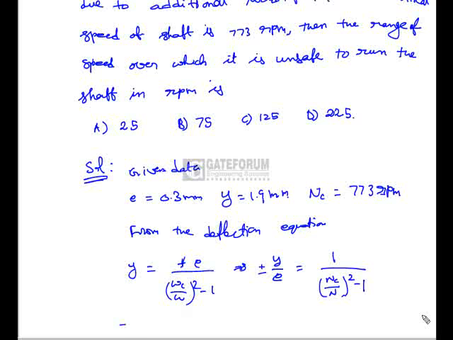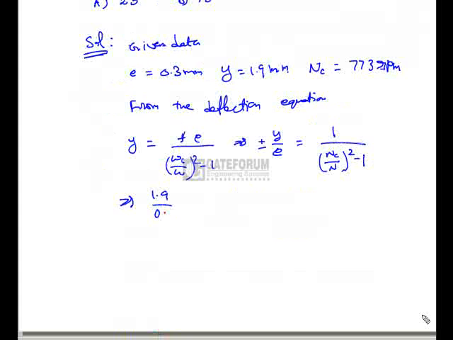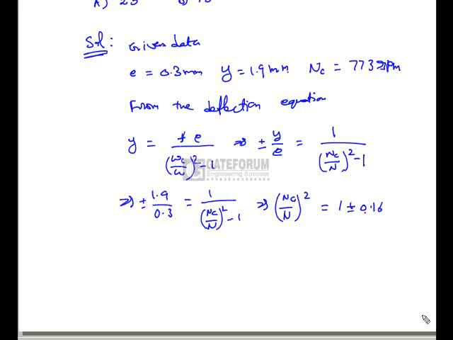So by substituting the values y and e, it is plus or minus 1.9 by 0.3 is equal to 1 by (nc by n) whole square minus 1, and which is equal to (nc by n) whole square is equal to 1 plus or minus 0.16.